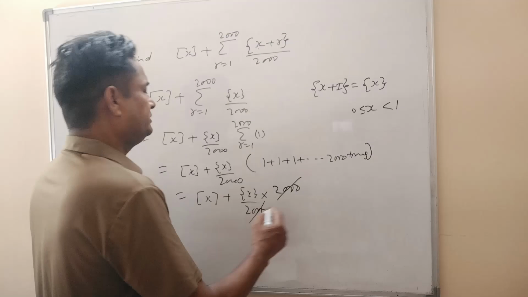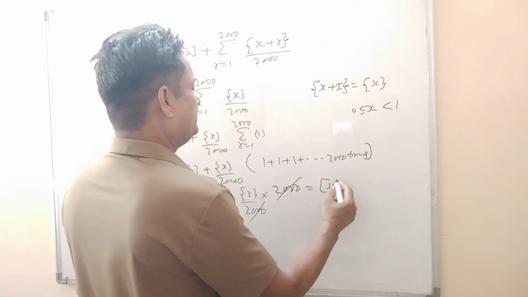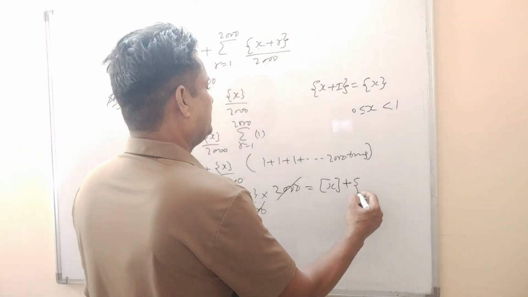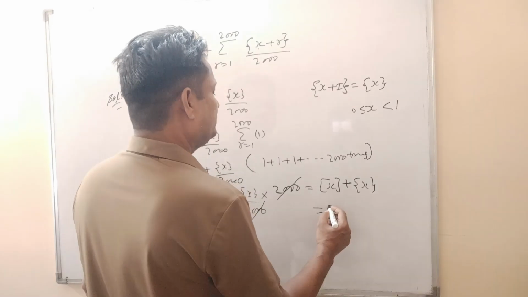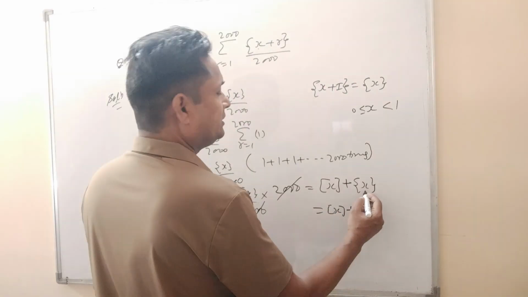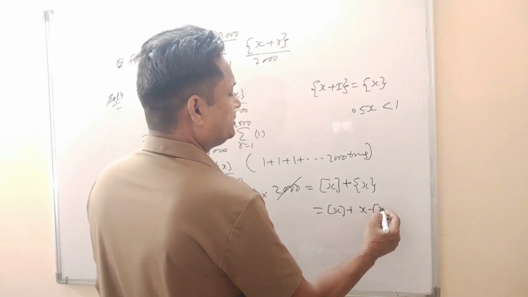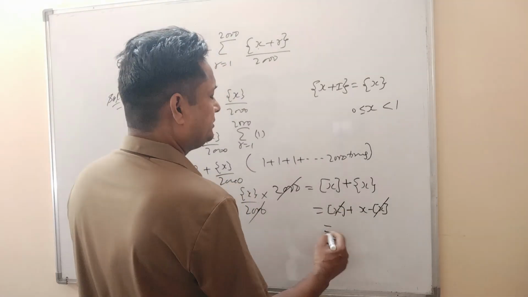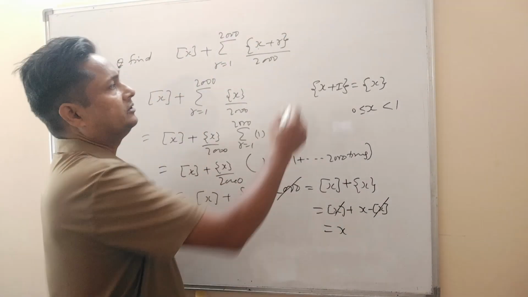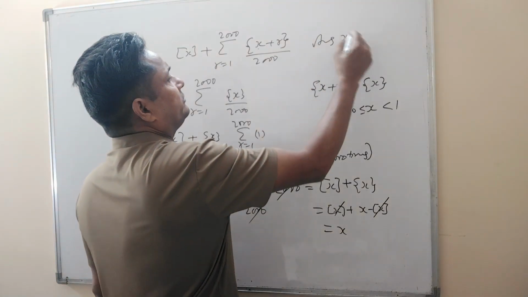So this will cancel out. So this will be the greatest integer of x plus the fractional function of x, which is the greatest integer [x] plus x minus [x]. This cancels out. That means the answer will be x.